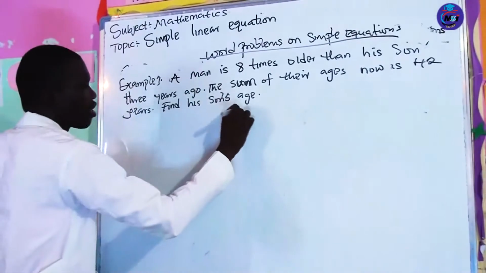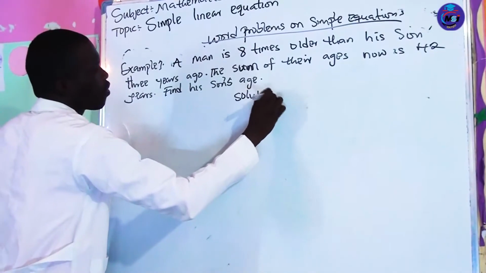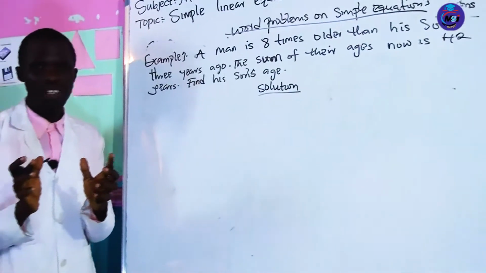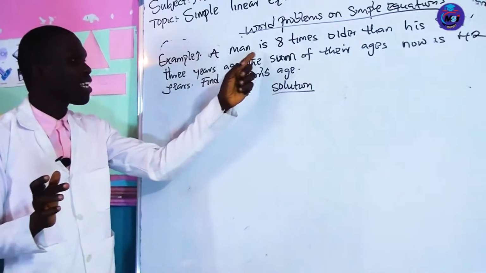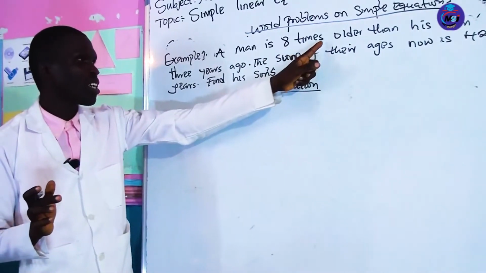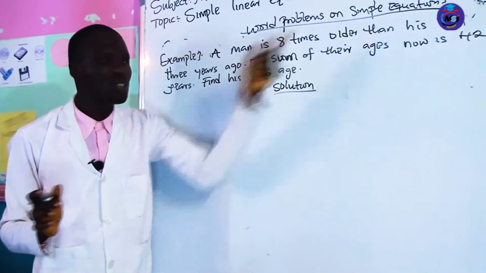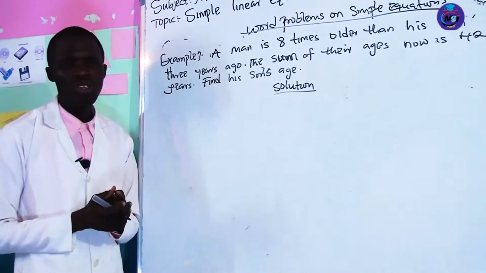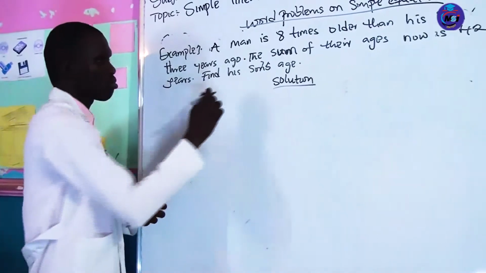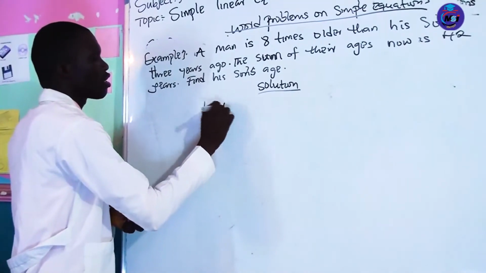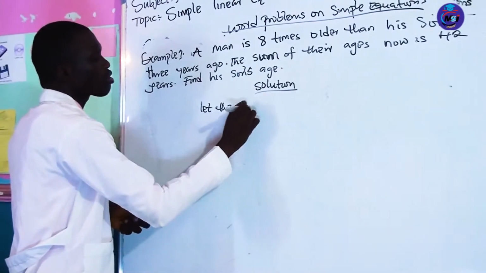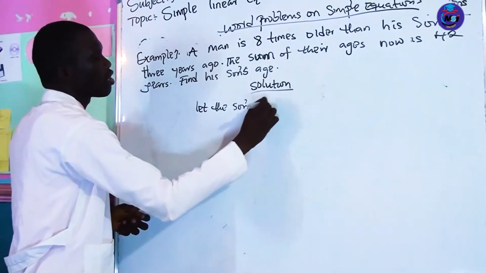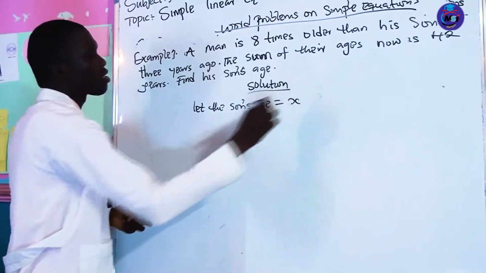Looking at this question, what we need to do is, the man is 8 times older than his son. We don't know the age of the son. So let the son's age be x.